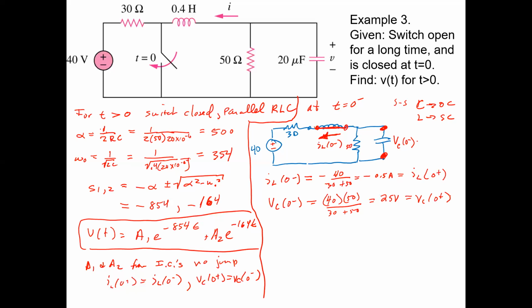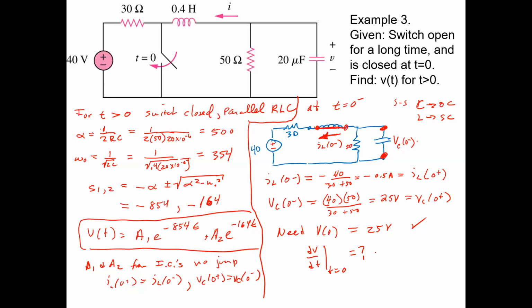So that's our first boundary condition. So we need V0. Check, but we also need dV/dt at t equals 0. But we know that this equals IC of 0 over C.